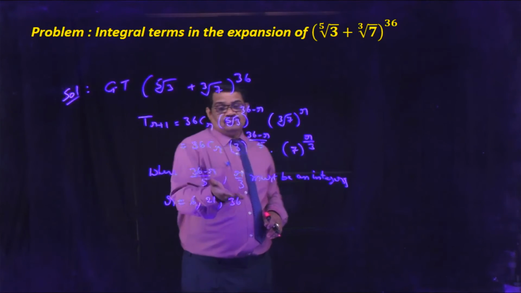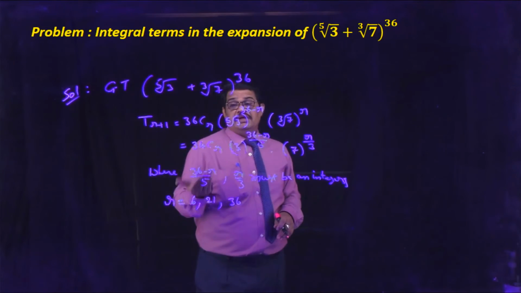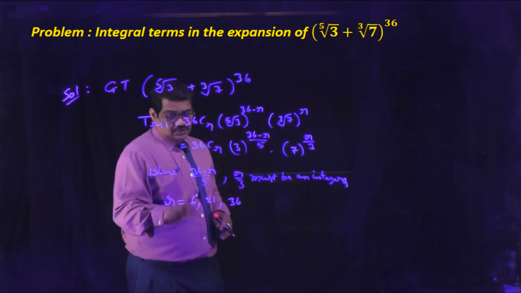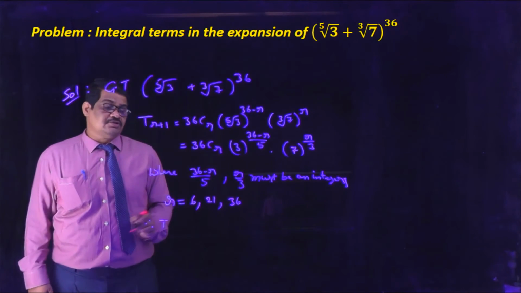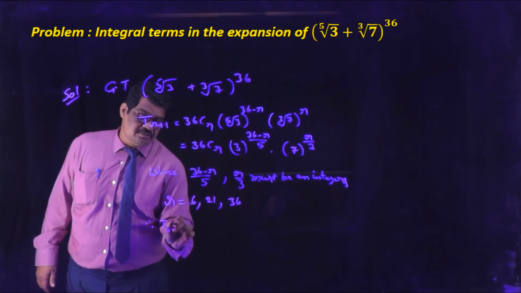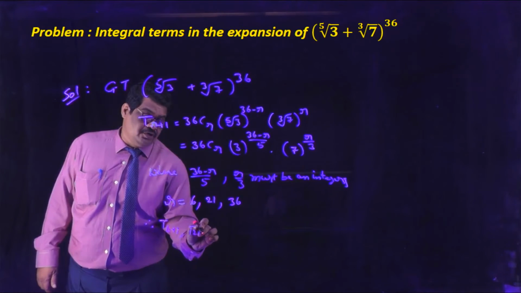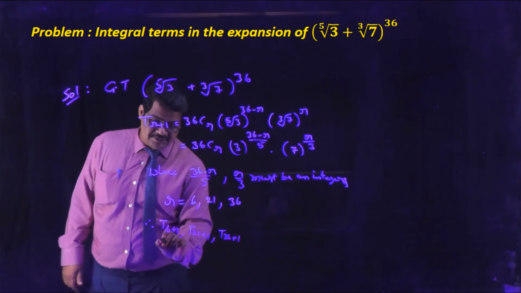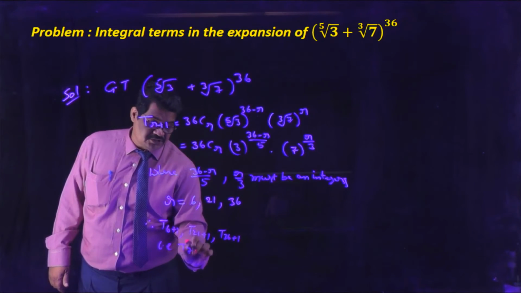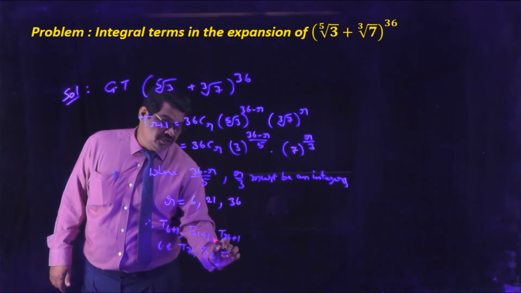Therefore, what are the integral terms? They are T(6+1), T(21+1) and T(36+1), that is the terms T7, T22, T37.